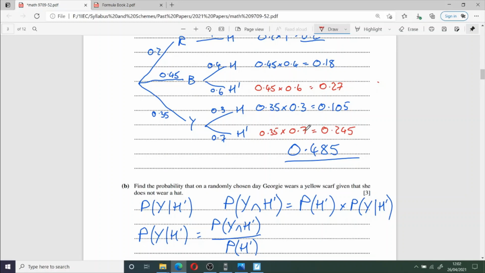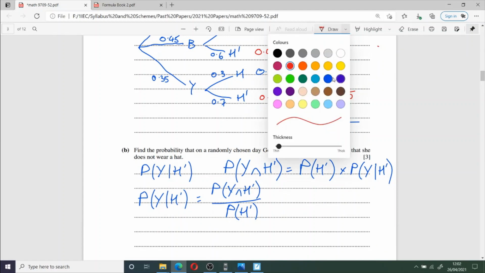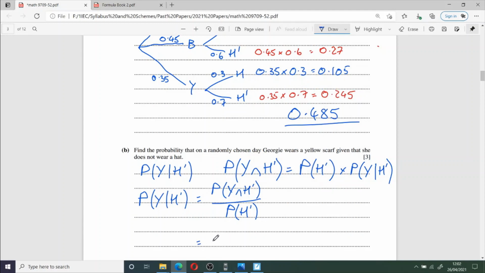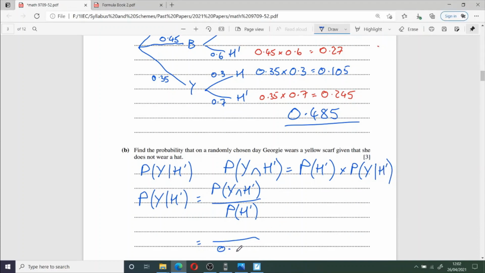So the probability of not wearing a hat is both of those things added together. So 0.245 add 0.27, which is 0.515.